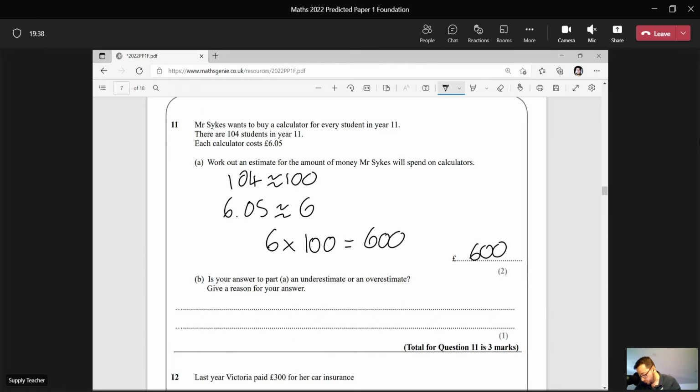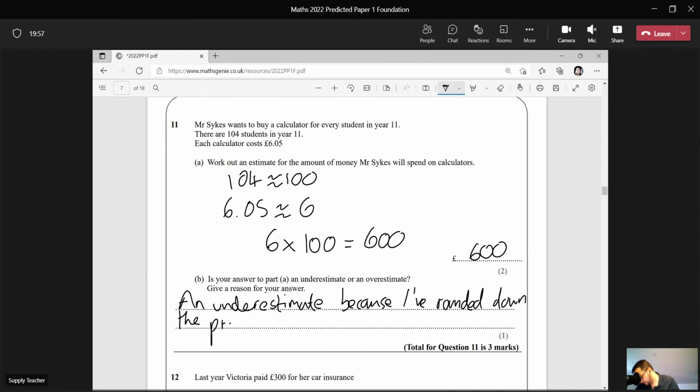So this will be an underestimate, because I've rounded down the price and the number of students. Okay.